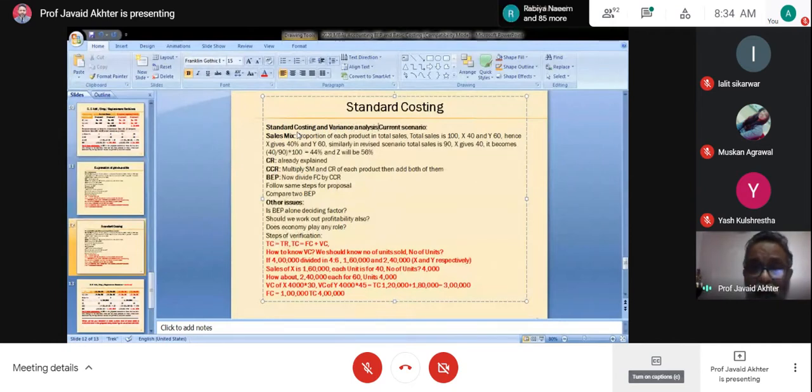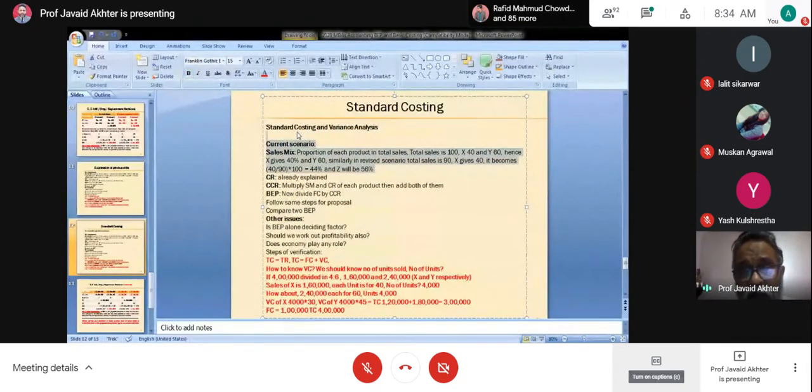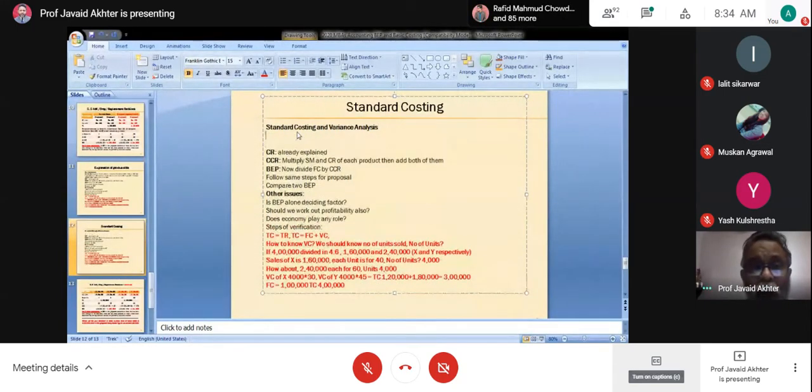And variance analysis. This is another completely new chapter, standard costing and variance analysis. For making any product, a firm always estimates before it decides how much cost it is going to incur in producing this particular product.